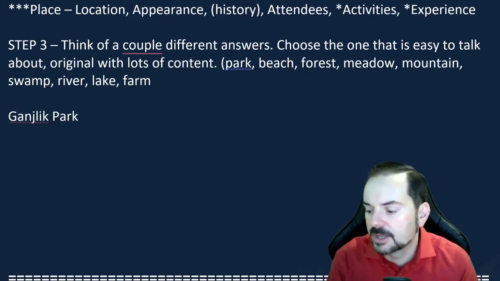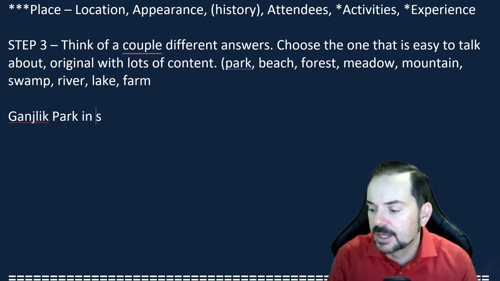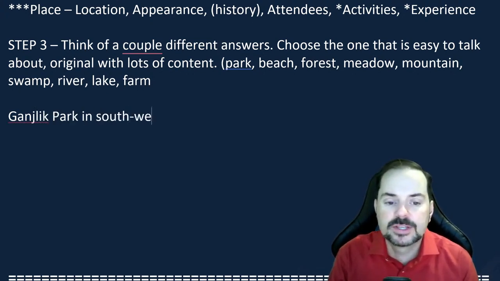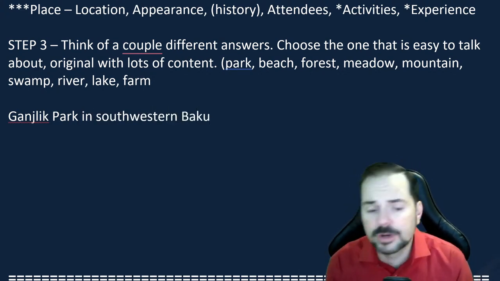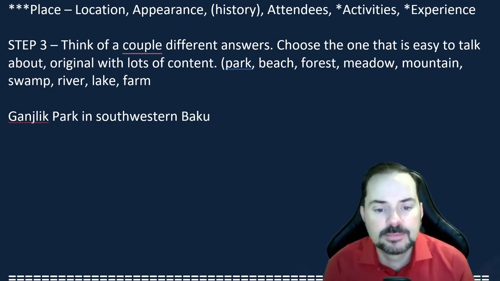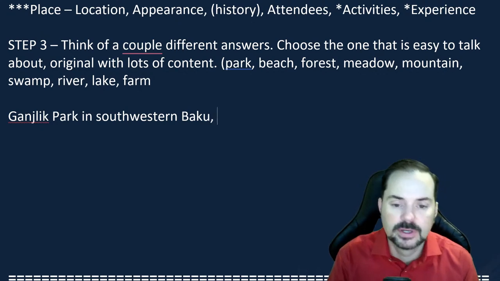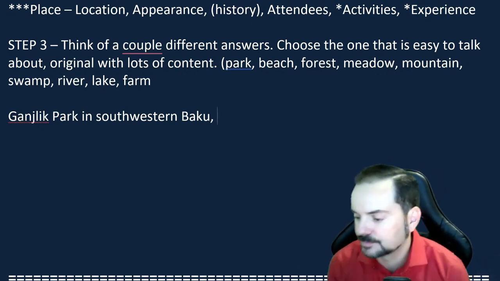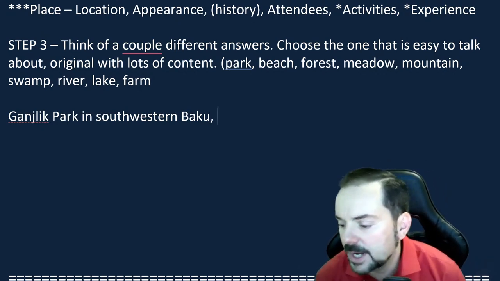Not Park Gunjlik, Gunjlik Park in southwestern Baku. Southwestern is just one word, Amra. Southwestern Baku. It's not hyphenated. Okay, so Gunjlik Park in southwestern Baku. Okay, Amra, sure. What else? Give me some ideas.